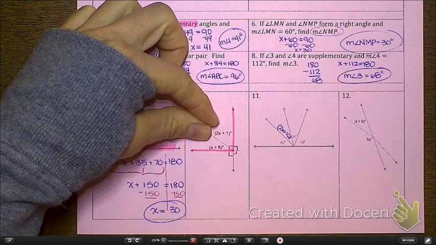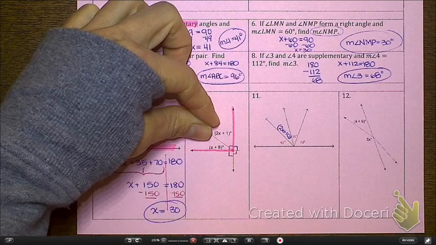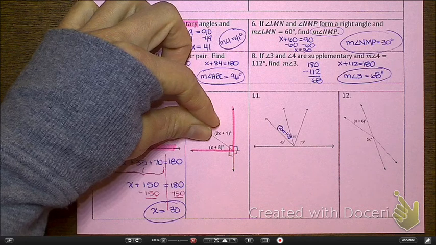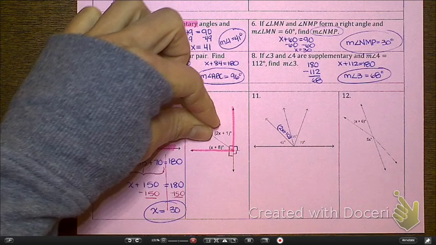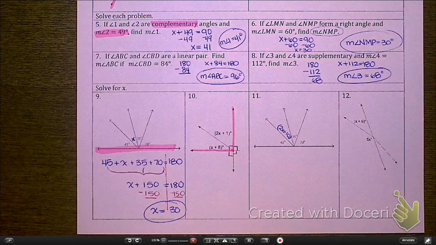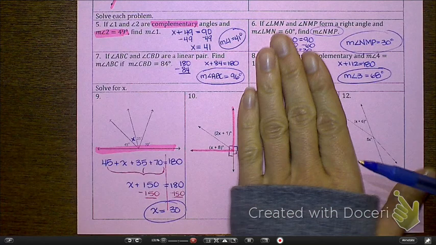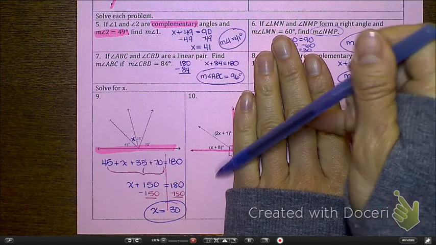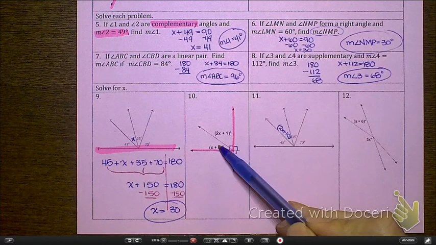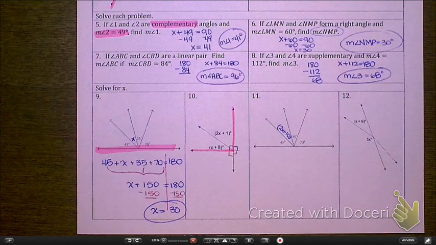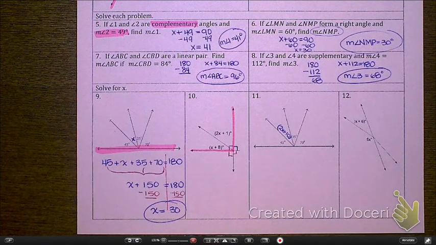So what can I do with these two? Make an equation and set them equal to how much? 90. Either way would work. Like that first way you guys were telling me where we use the straight angle, that plus that makes 180. That would work. But I think it's less work to do these two equal 90. Does that make sense? And just see there that those are complementary.